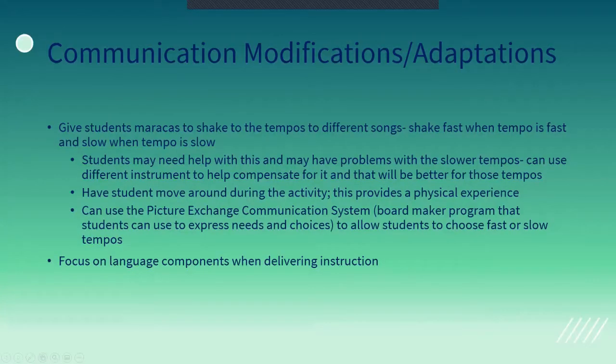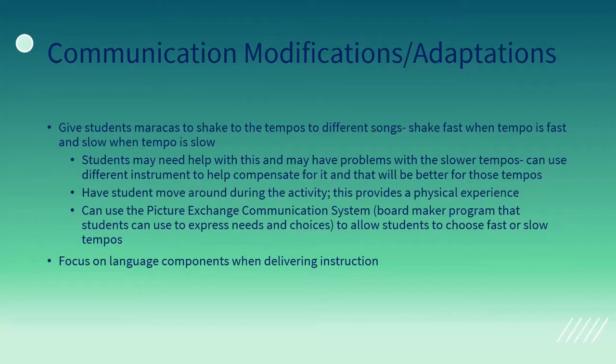Okay, so communication modifications and adaptations would be maybe giving students maracas to shake to the tempos of different songs. So the student would shake it fast when the tempo is fast and then slow whenever the tempo is slow. Some of the students may need help with this and may have problems with the slower tempos.